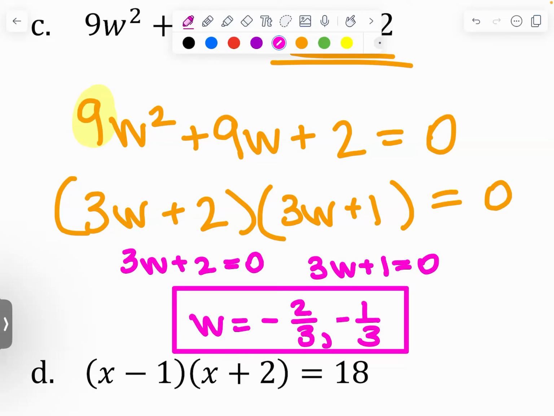What then? Subtract the 2 and then divide by 3. Subtract the 1 over, then divide by the 3. Right?